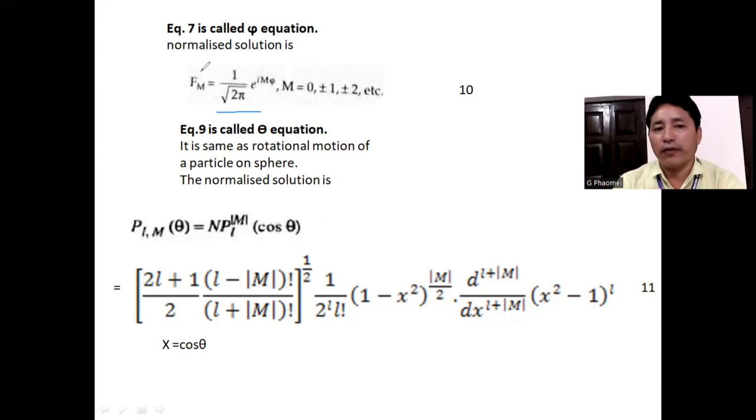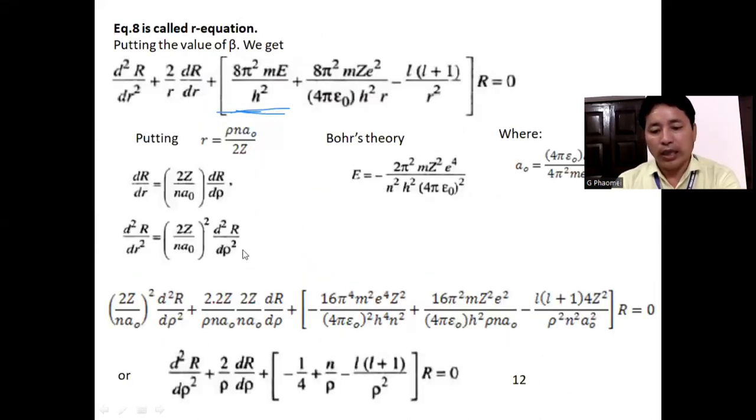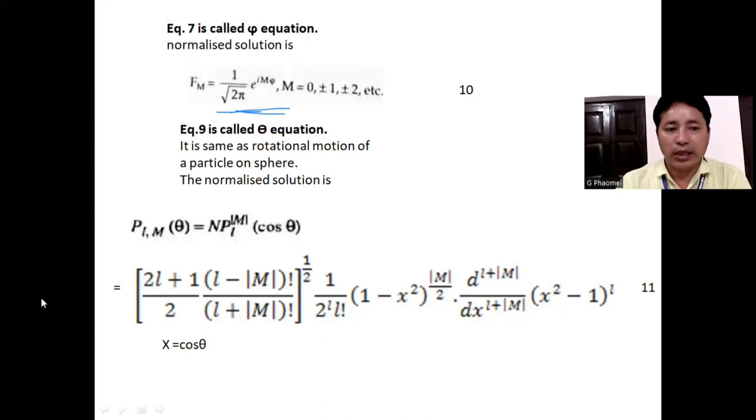From the first equation, we have a solution of this function, and then the theta equation. The theta equation can be solved, as we have explained in other classes, by taking the value of m. If you go back here, this value of m is considered as equal to 0, and if you consider the value of m not equal to 0, we get the Legendre or associated Legendre equation.